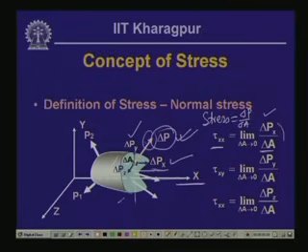This del Px by del A we call the stress in the x direction, tau xx. Del Py by del A we call the stress in the y direction, and del Pz by del A we call the stress in the z direction, this should be xz.